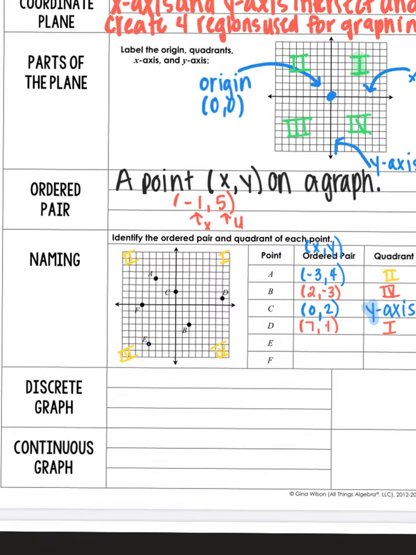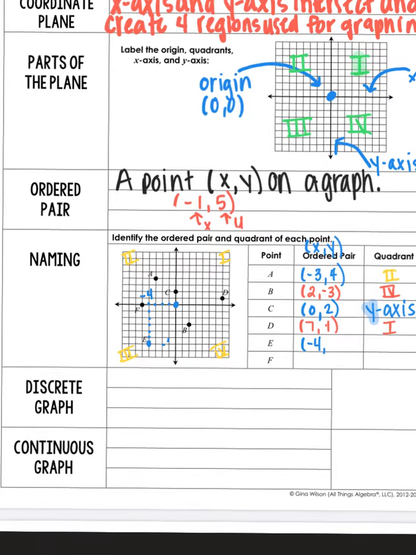Let's look for E. Here's E. To figure out our x, let's start at 0, 0, and we go left 1, 2, 3, 4. So we go left 4, which means -4. And then for y, we have to go down 1, 2, 3, 4, 5, 6.